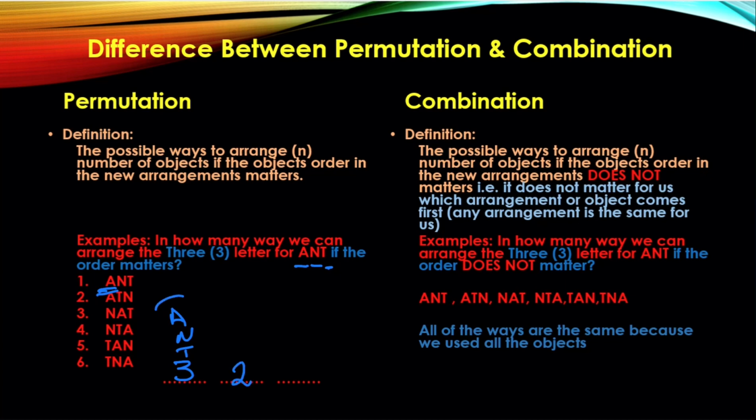For example, if I selected A here, I end up with N and T only. For the third one, I have only one option. If I put N here, I end up with T. So the number of ways to arrange these is as follows.